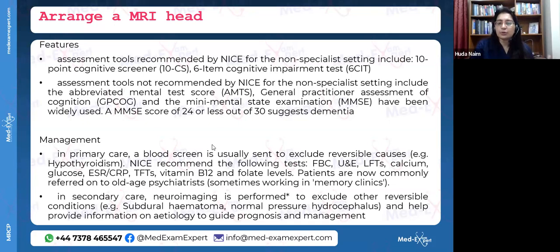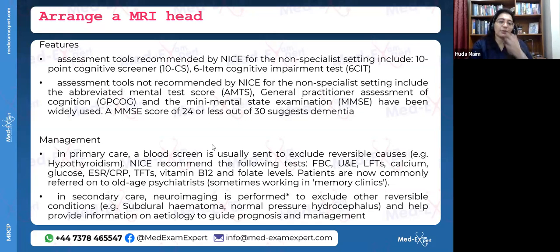You would like to see if there's subdural hematoma, maybe normal pressure hydrocephalus, or any other etiology. First, you would like to rule that out, and once you've done that, then you would label them as Alzheimer's. Clear, everybody? Yes, after MRI.